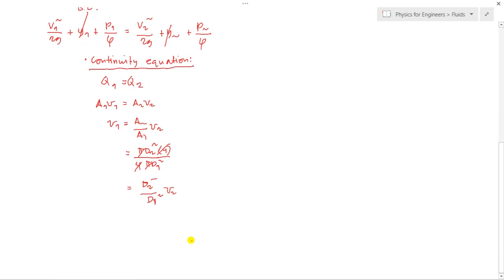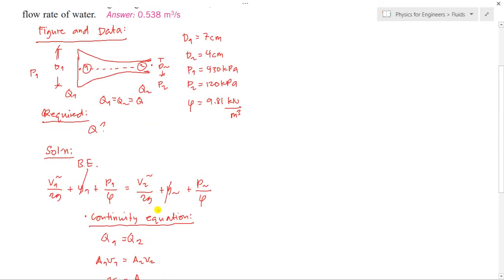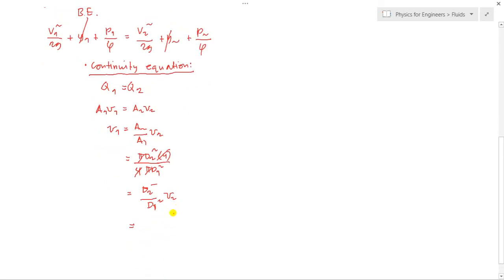What is d2? d2 is 4 cm, d1 is 7. So that is 4 squared over 7 squared. Don't worry about their units because they will cancel. So 4 squared divided by 7 squared, the answer is 16/49. So this is 16/49 V2. Let's substitute this in V1 so everything is in terms of V2.